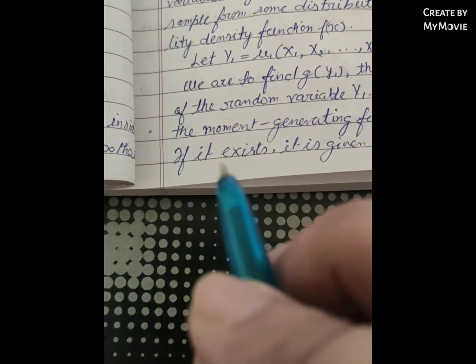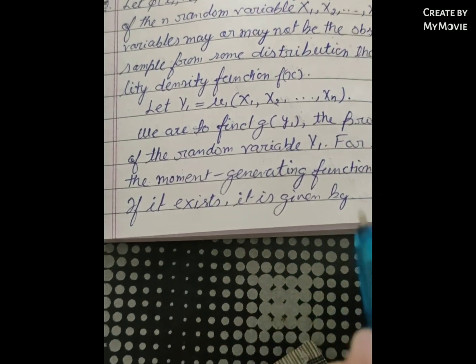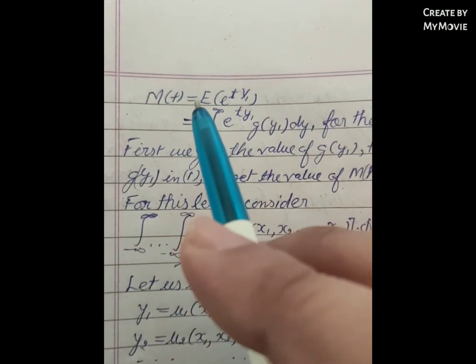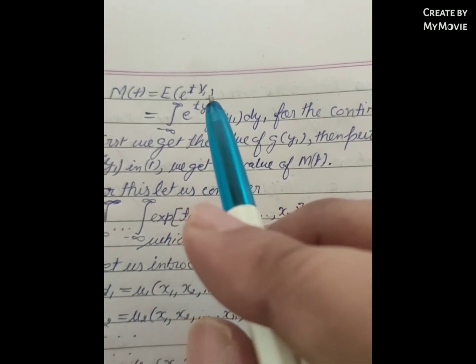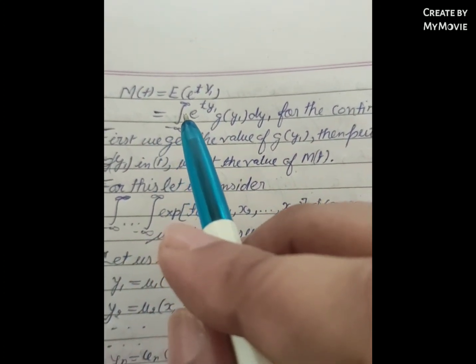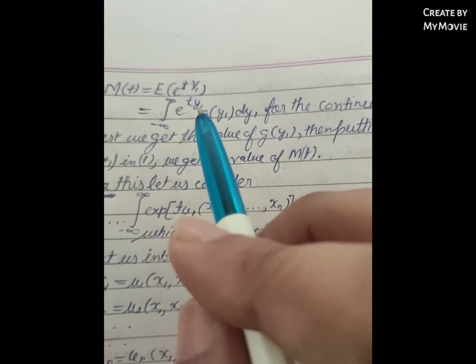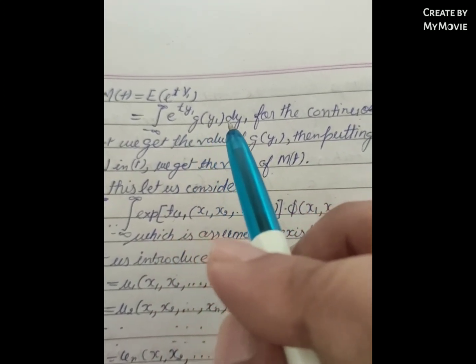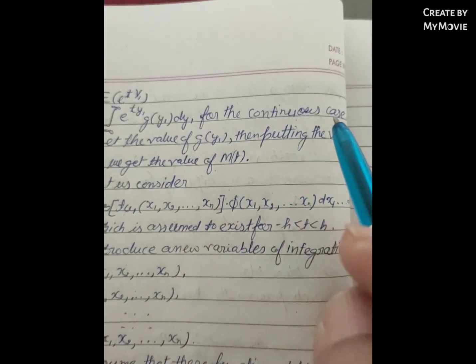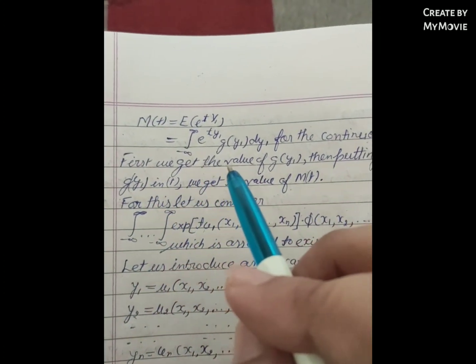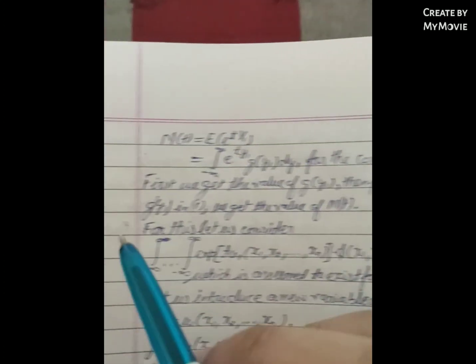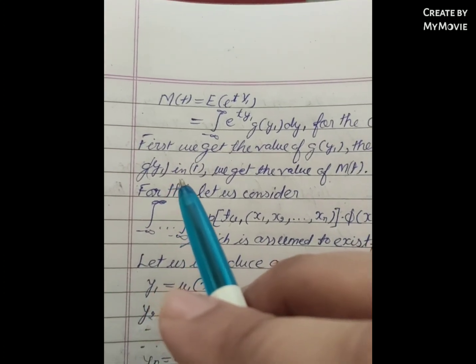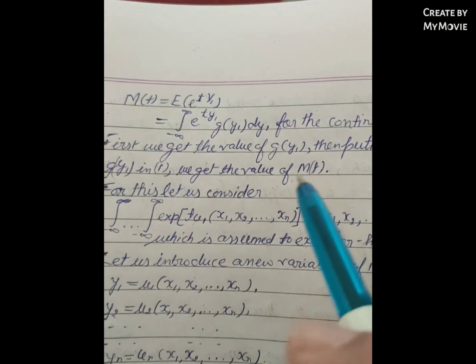If it exists, it is given by M(t) = E[e^(tY1)] = integral from minus infinity to infinity of e^(ty1) g(y1) dy1. For the continuous case, first we get the value of g(y1), then putting the value of g(y1) in equation 1, we get the value of M(t).